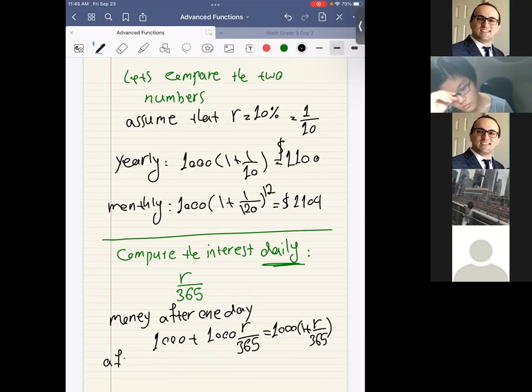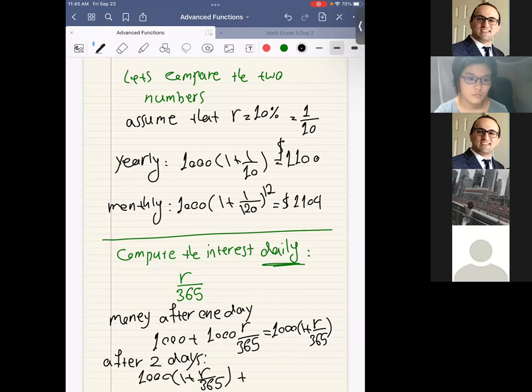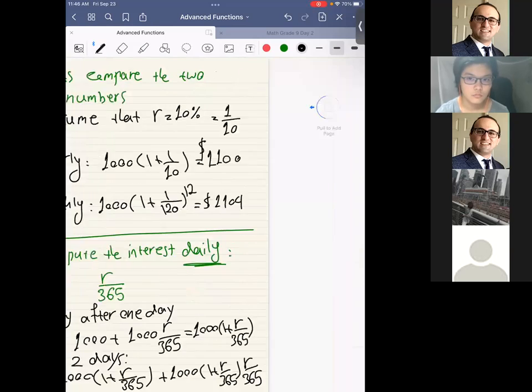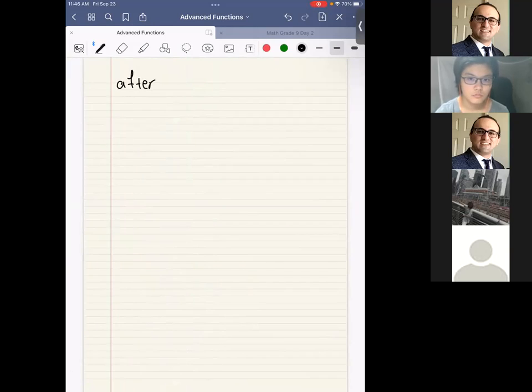So after 2 days, you get the money after 1 day, which is 1,000 times 1 plus R over 365, plus the same thing times R over 365. Now, if you factor out 1,000 times 1 plus R over 365, after 2 days you get 1,000 times 1 plus R over 365 squared.